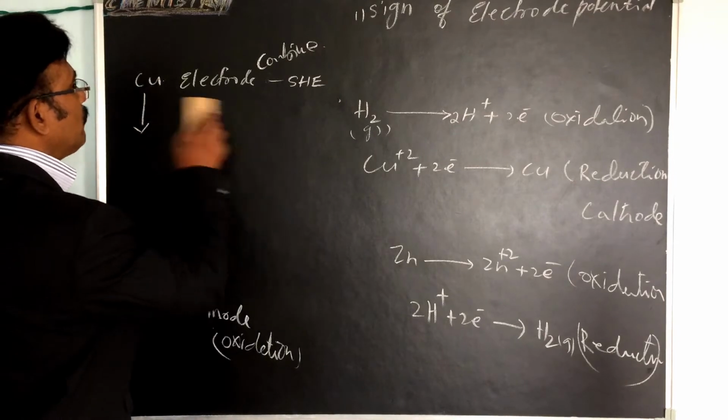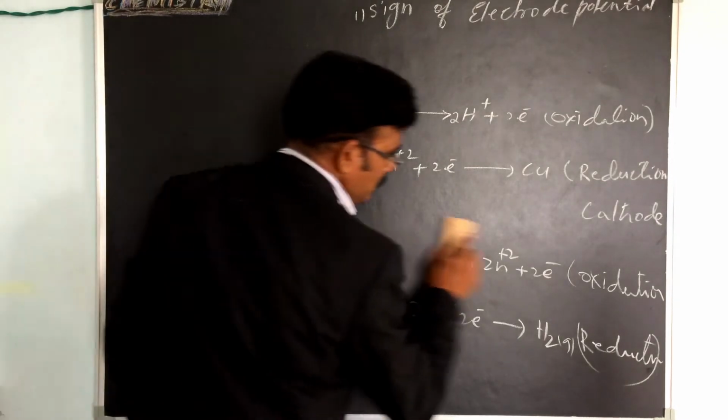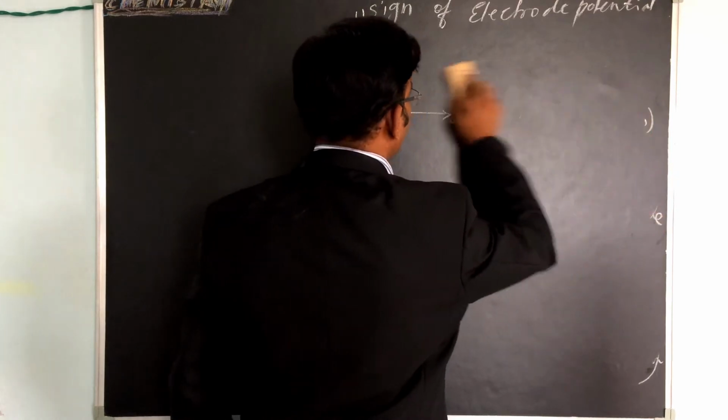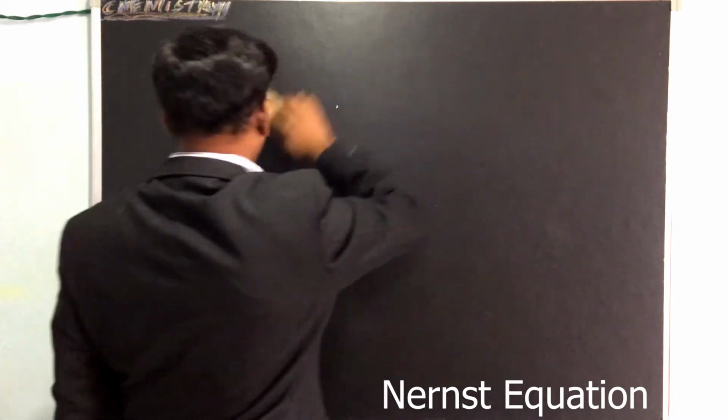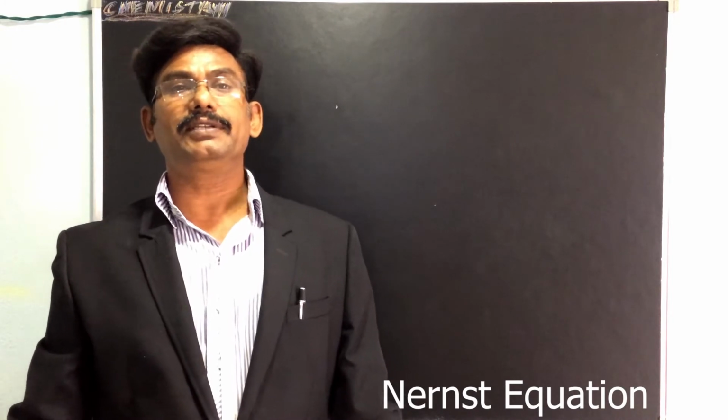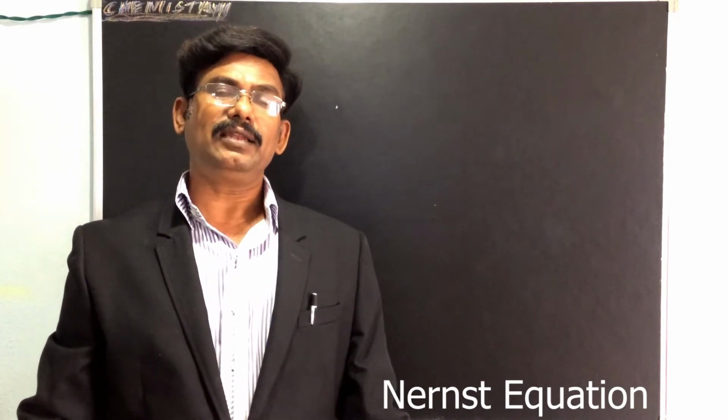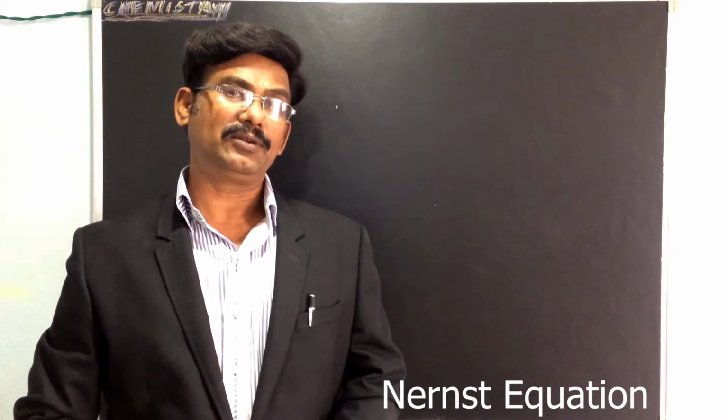The Nernst equation is used for the determination of the pH of a solution by using quinhydrone and glass electrodes.